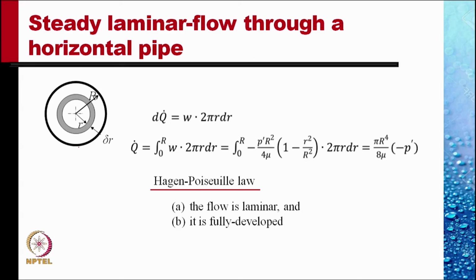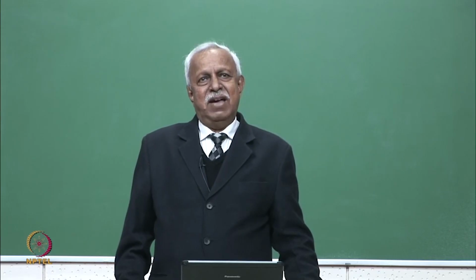Notice that we have said earlier that laminar flow through pipe is a rarity. Most commercial pipe operations use turbulent flows. Also, when the flow is laminar, the developing length of the flow, the length through which the flow develops, is quite a large value.